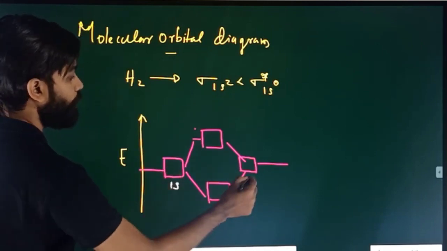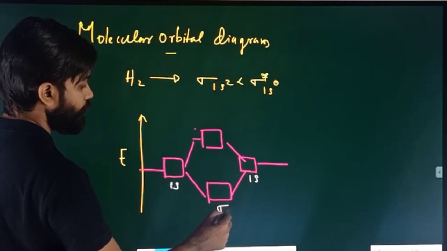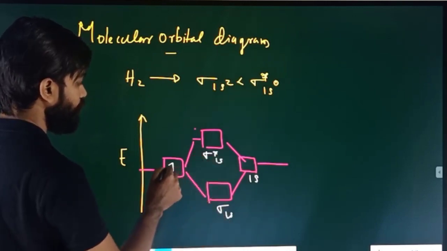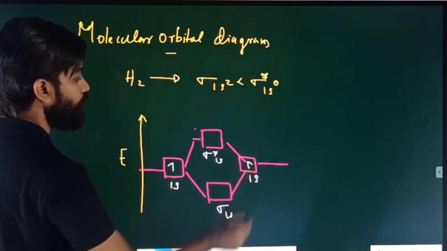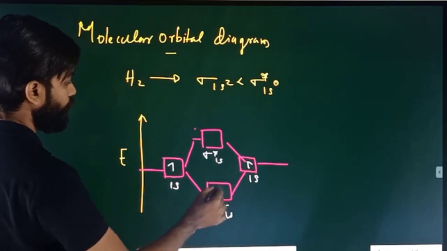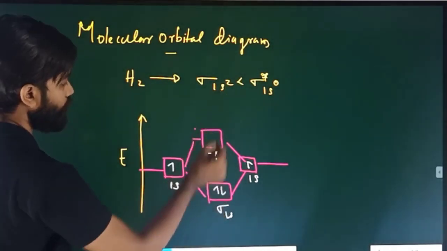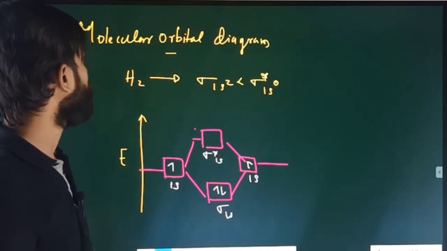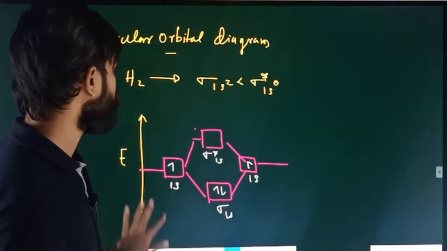This is a 1s atomic orbital, and this is sigma 1s, and this is sigma star 1s. Each 1s has 1 electron. When they combine to form the molecule, the 2 electrons go in sigma 1s2, while sigma star is vacant. So this is the molecular orbital diagram of hydrogen.